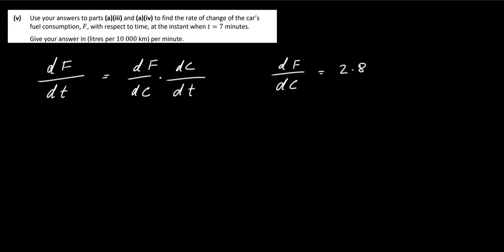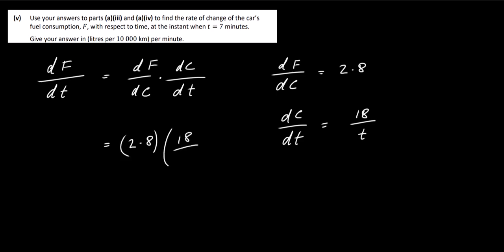So we have df dc from a previous part of the question, and that was 2.8. dc dt we've just worked out as 18 over t. So we have both of these, so let's just stick them in here. The df dc is 2.8, and then we multiply that by 18 over t. So this is df dt. Now it says with respect to time at the instant when t is 7.